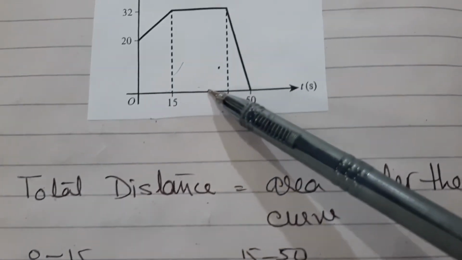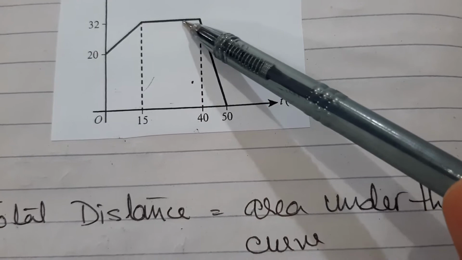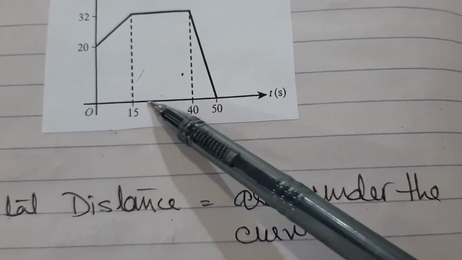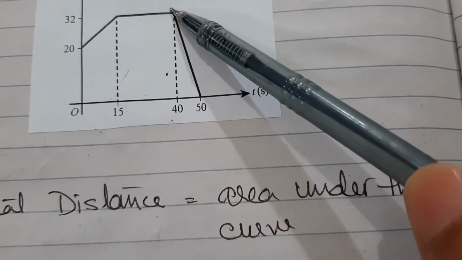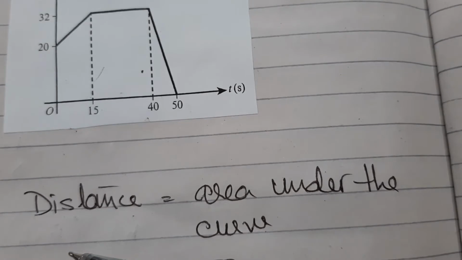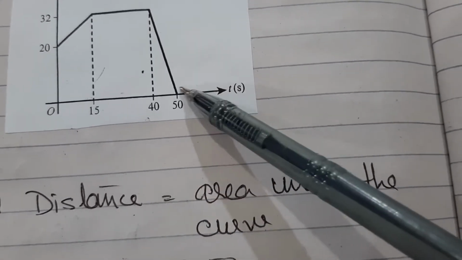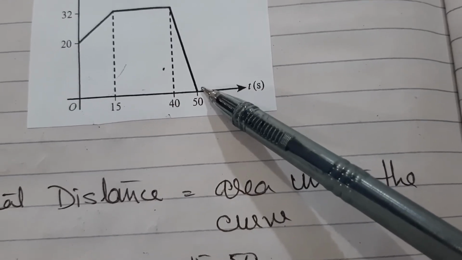Now look at this trapezium. So the parallel side is this one and this one. So what is the length of this side? 40 minus 15, right? 40 minus 15 will be 25. And what is this length? 50 minus 15.